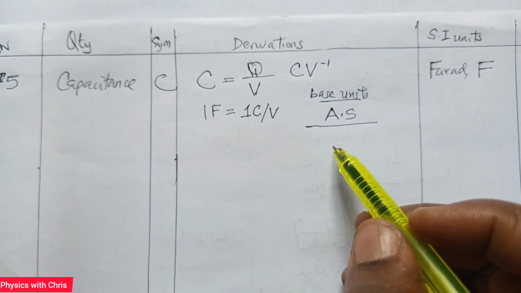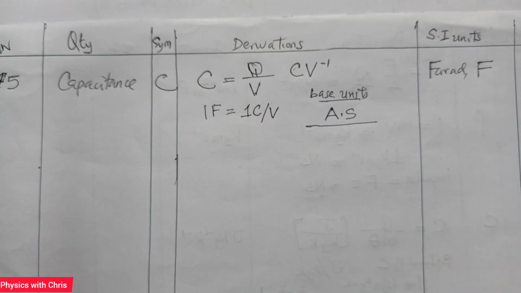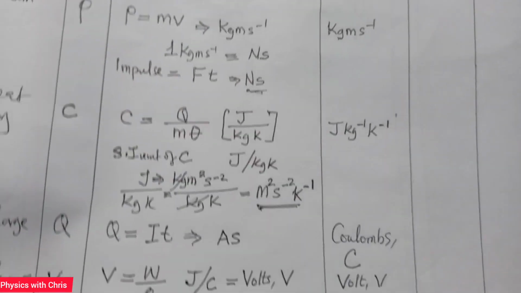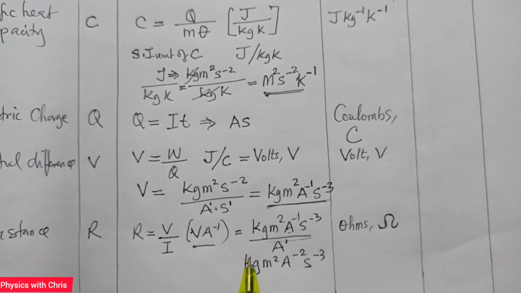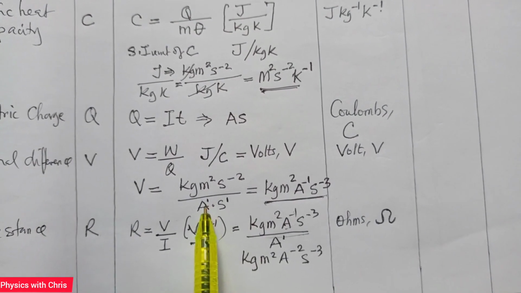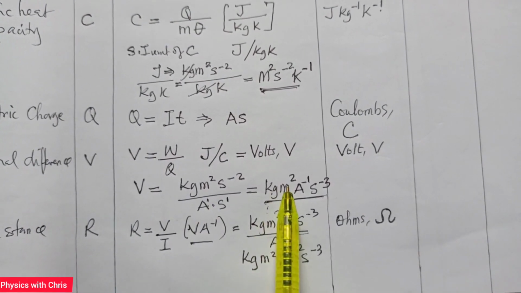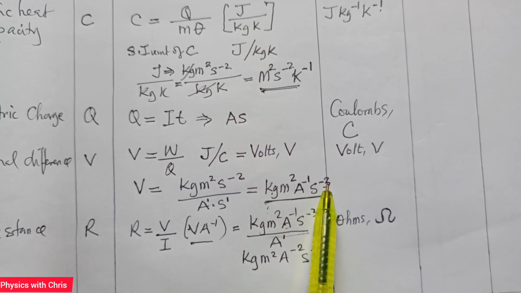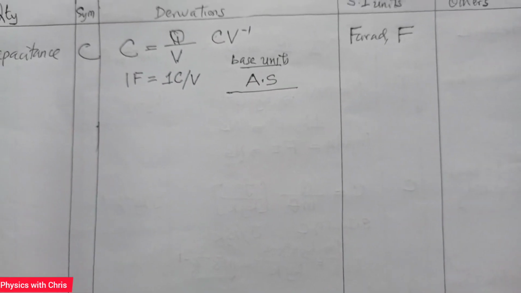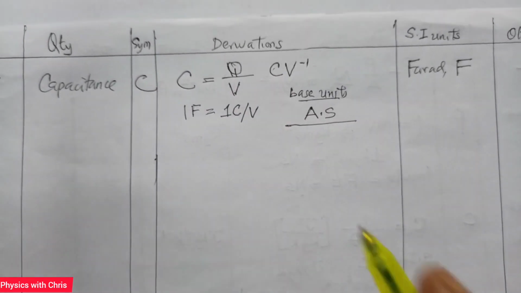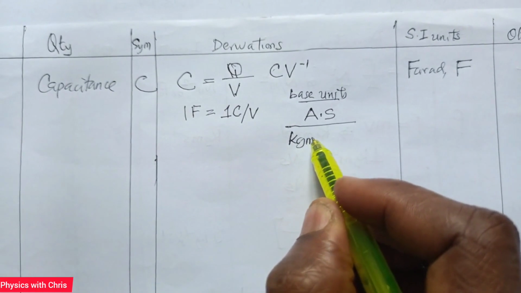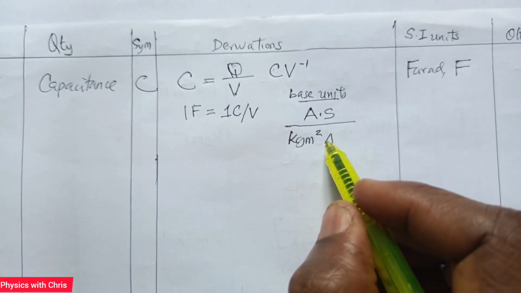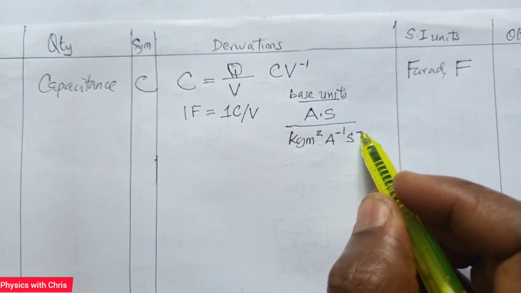In the last video, I derived the SI base unit of potential difference: kilogram meter squared per ampere, and S raised to power what? -3. So that is what I'm going to use here as the unit. So I have kilogram meter squared A minus 1 S minus 3.